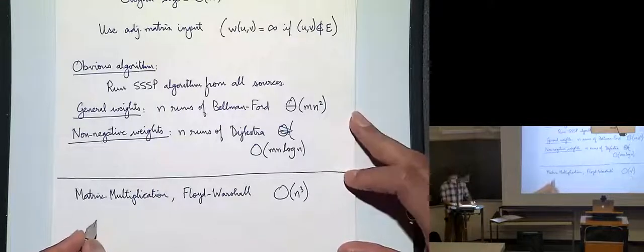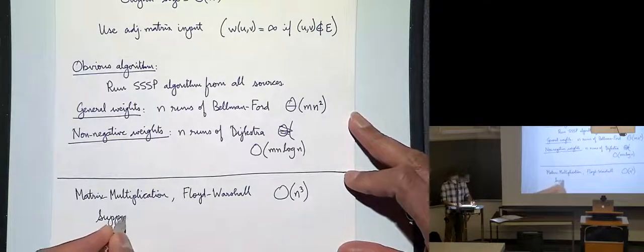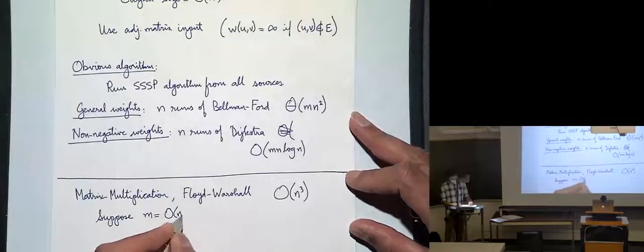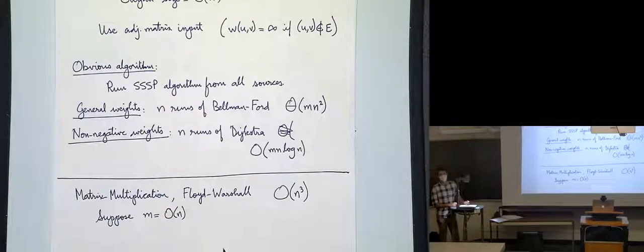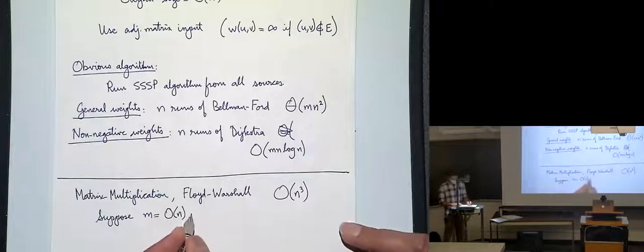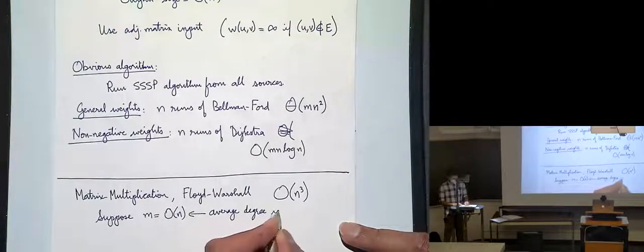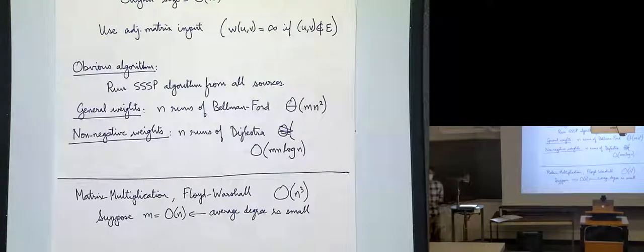Now suppose m is O of n, m is sparse. Typically this is saying that the average degree is small. This is your social network. In your social network, your average degree is small.